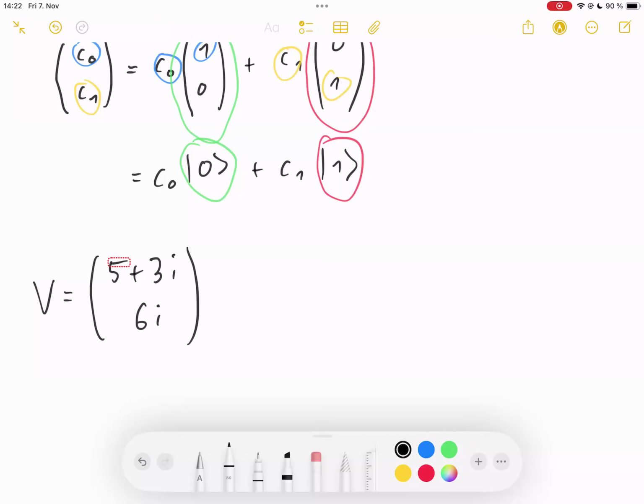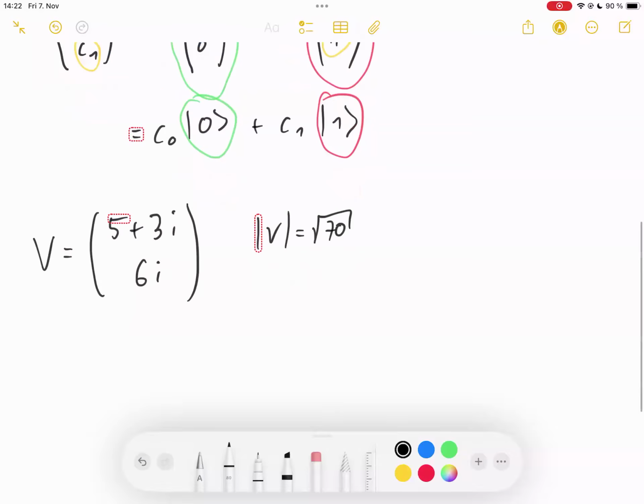Now we got a few more, and you all agree that this is not normalized. And as you remember, we could normalize. So we could think about the norm of this. And the norm would be concretely square root of 70. We've seen last week how we can calculate this.